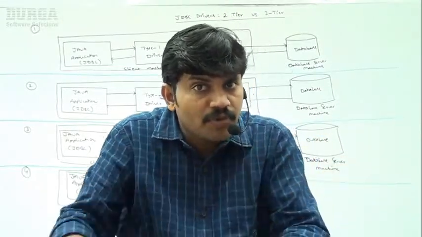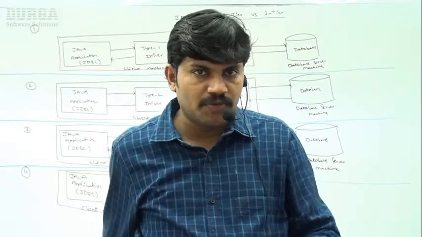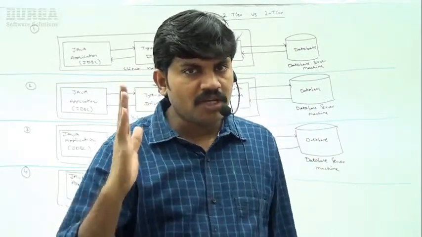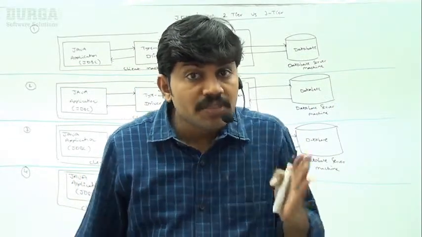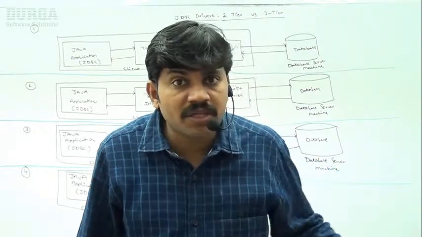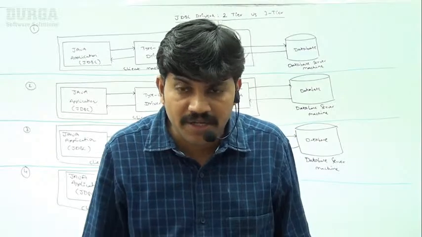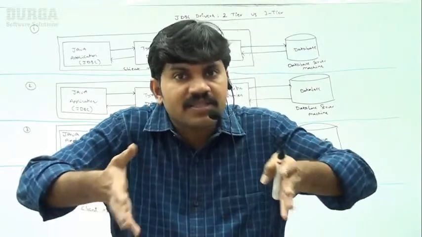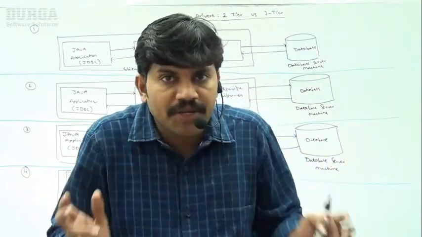Multiple tiers means what? Multiple levels. Remember this one. Presentation tier always talks about presentation logic. Business tier always talks about business logic. Database tier always talks about database logic. Are you getting it, right? So these are the levels into which we require to divide an application.